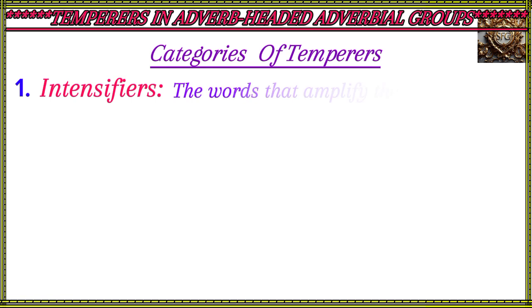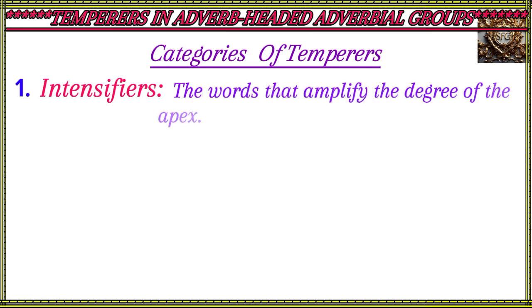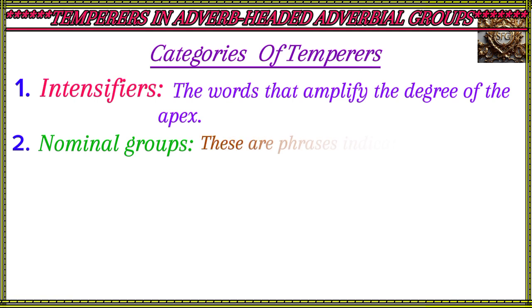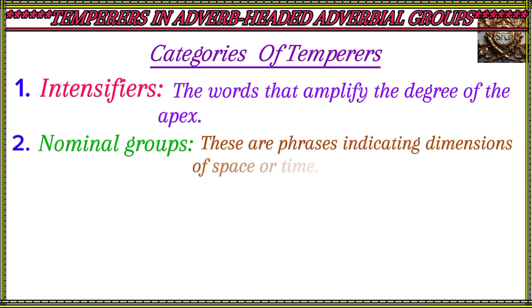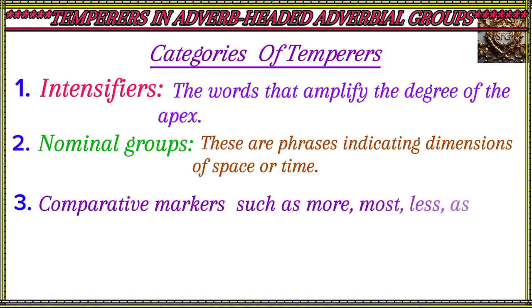Intensifiers, the words that amplify the degree of the apex. 2. Nominal groups. These are phrases indicating dimensions of space or time. 3. Comparative markers such as more, most, less, as, etc. Now, let's examine these three categories one after the other.